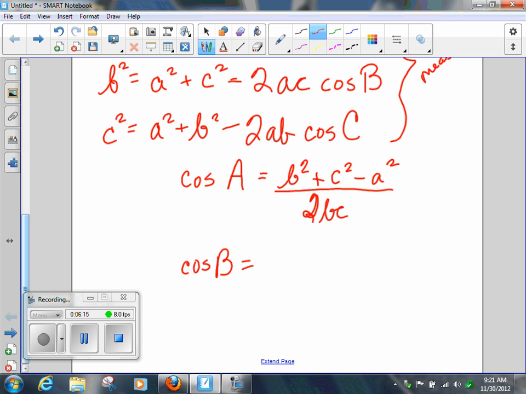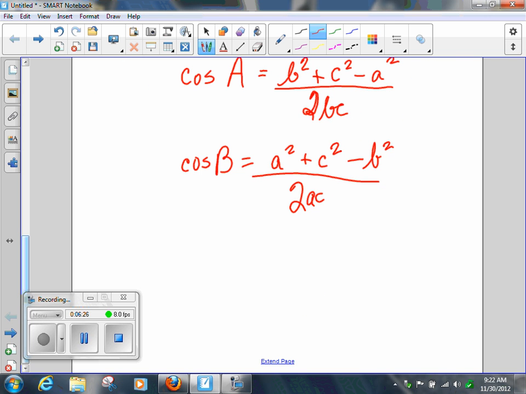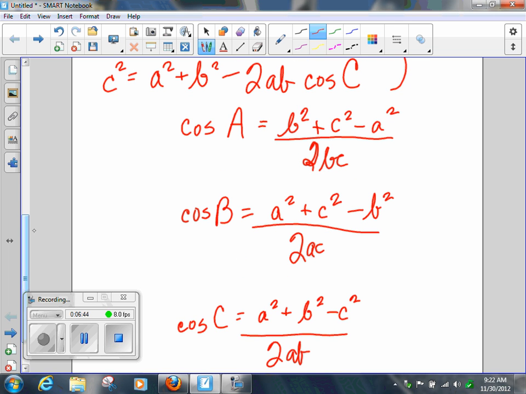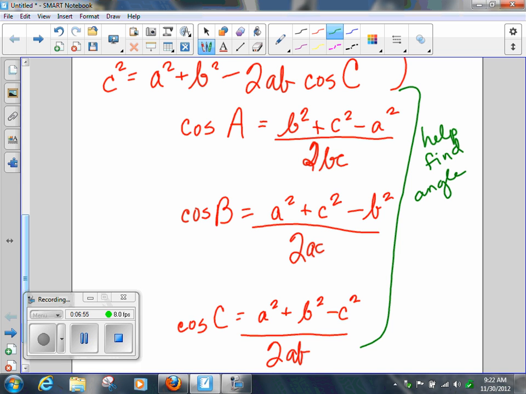You'll see some connections. And of course, these last ones help find angle measures. All of those 6 formulas go on your formula card.